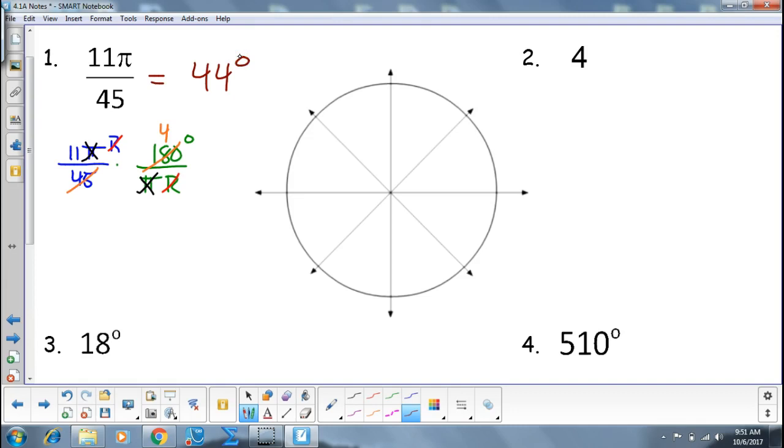Okay. 4 is just 4. Is that radians or is that degrees? Radians because it doesn't have the degree symbol. So that one is in radians.